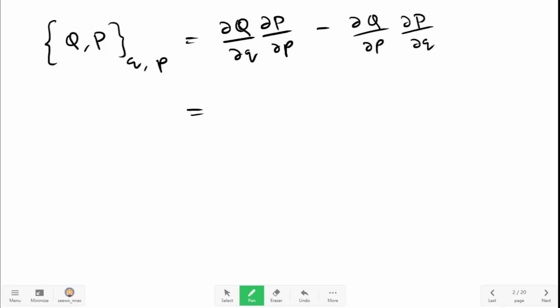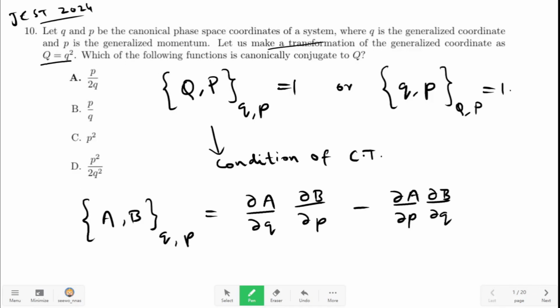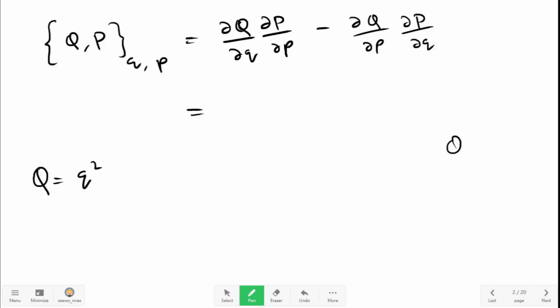Now we are given capital Q is equal to small q square, it is given in the question, and we have to find the canonically conjugate quantity to capital Q. Now what is canonically conjugate quantity to capital Q? It is capital P. Canonically conjugate quantity to capital P is capital Q. Canonically conjugate quantity to small q is small p.